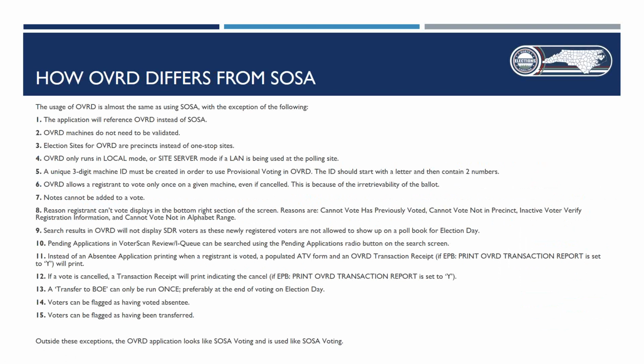So I can't stress enough to make sure that your poll workers are selecting the correct voter when they go to vote someone, because on election day, it could cause hassles and make some people upset if they have to vote provisionally.